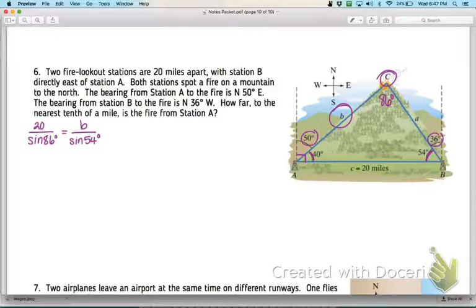So when we cross multiply that out, we are going to get that B is equal to 20 times the sine of 54 divided by the sine of 86. And let's see, does it tell us what to round to? Tenth of a mile. We're going to get 16.2 miles is the distance of the fire from Tower A.